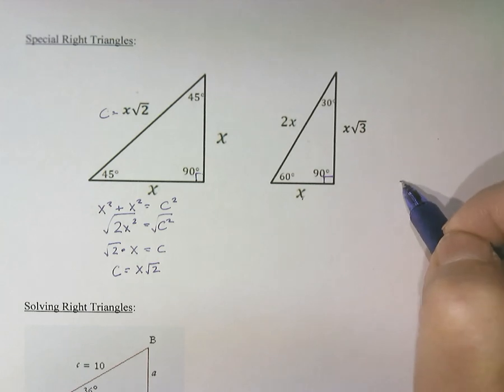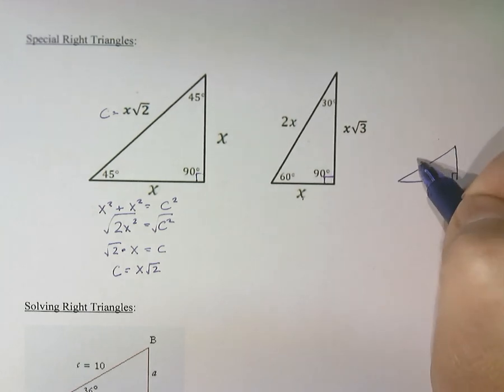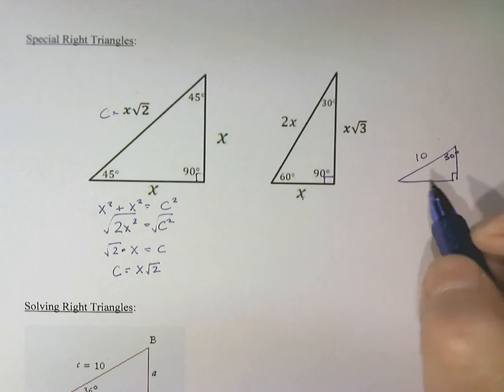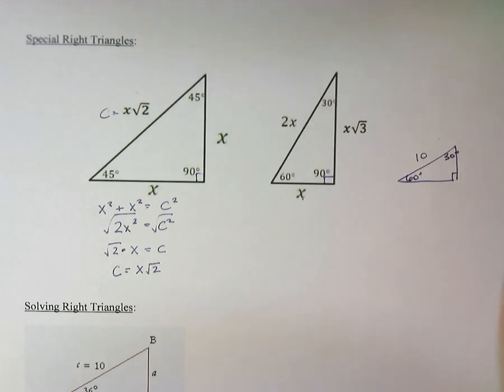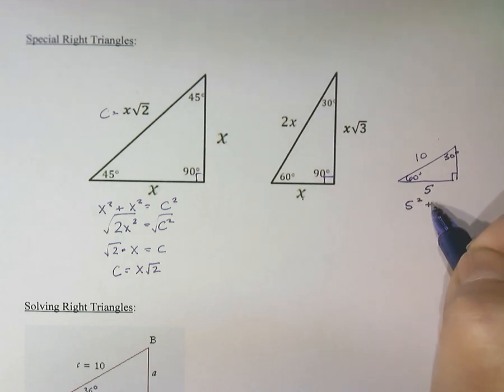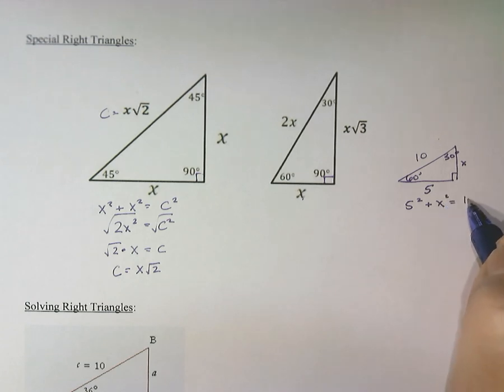So if I wanted to use that as an example to show you how I remembered it, say this is 10. Let's make this 30 degrees here. I didn't draw this to scale. And this is 60 degrees. This is 10, then I know that this is 5. And I know 5 squared plus, we'll call this x, x squared equals 10 squared. So x squared equals 100 minus 25.